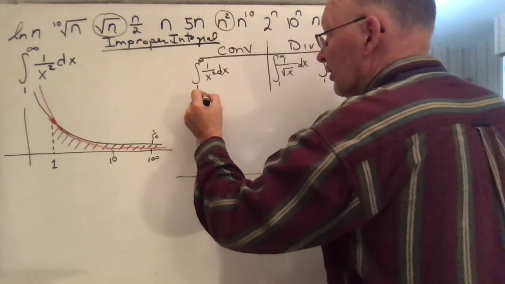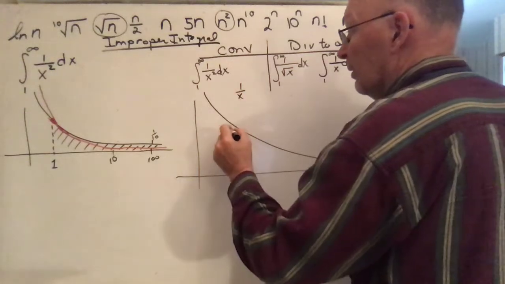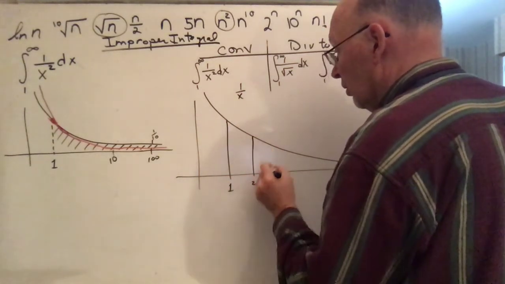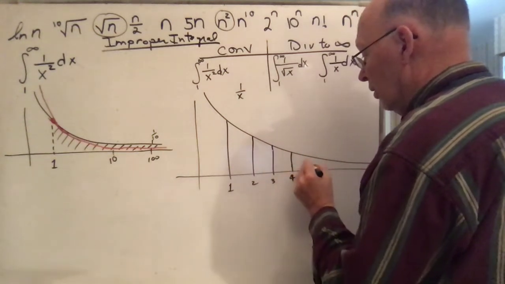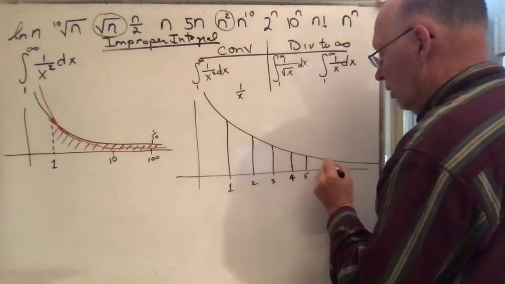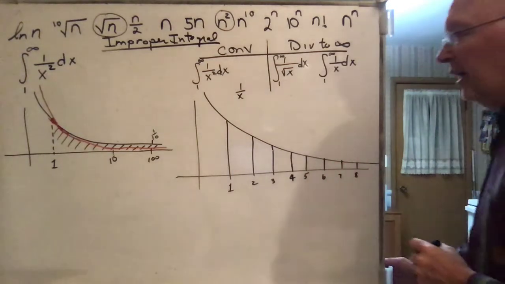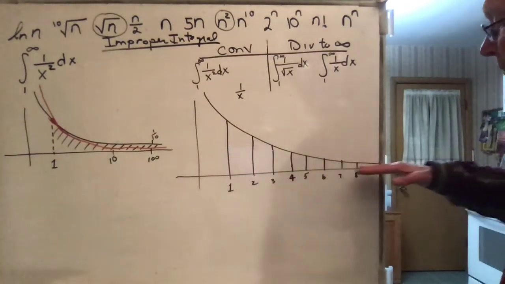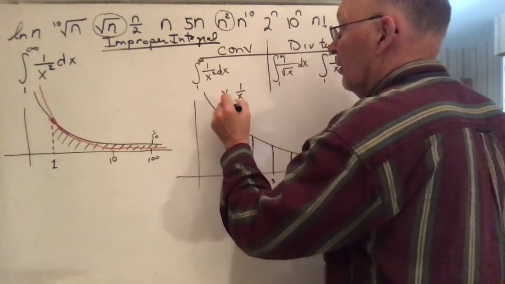Let's take this function, 1 over x, right there. This is the function 1 over x.